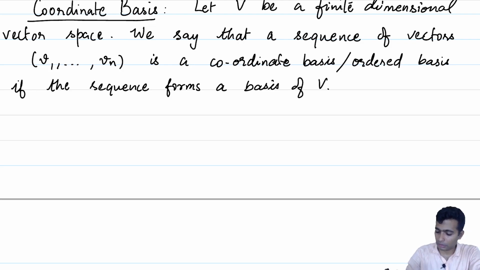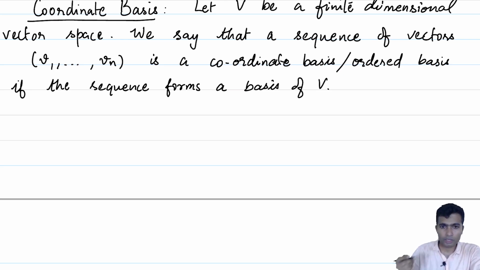So, in this particular definition, you should observe that we are always considering a sequence of vectors v1, v2 up to vn. So, in other words, we can talk about the first vector, the second vector, third vector, nth vector, and so on, which we couldn't have done when we just talked about a basis, because there was no inherent order which we were referring to in the definition of a basis.